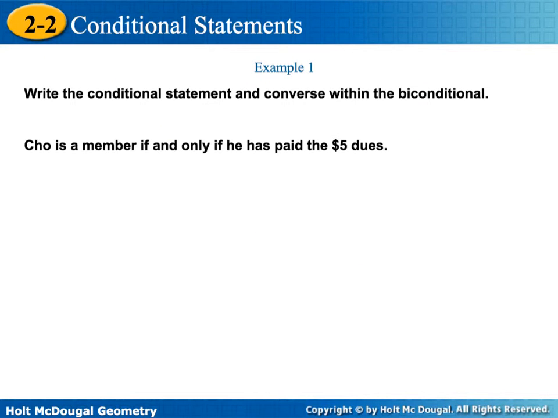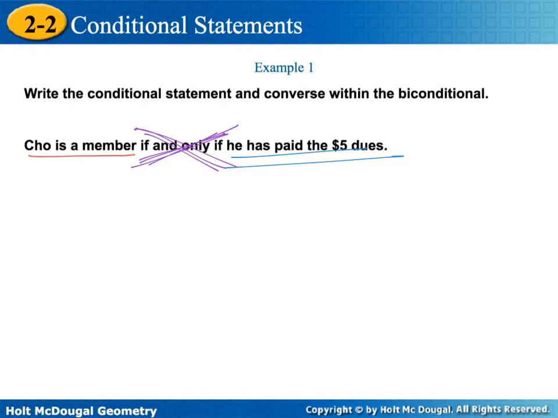All right, example 1, I want you to write the conditional statement and the converse within the biconditional. So we see the if and only if, so that means this is a biconditional. Now when I write this, the hypothesis is always written first, and the conclusion is always written second. What I have to do is cross out the if and only if, and pop back in the if and the then.